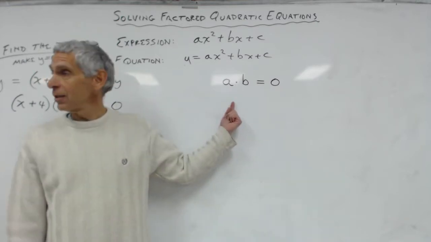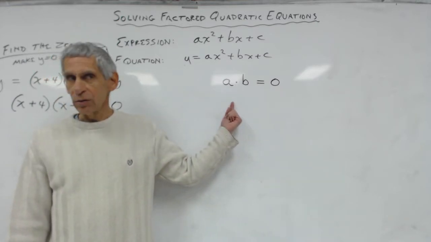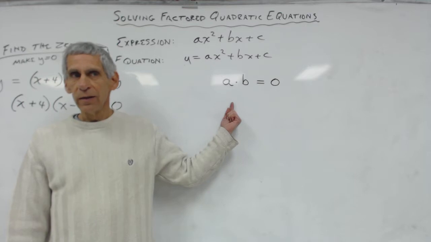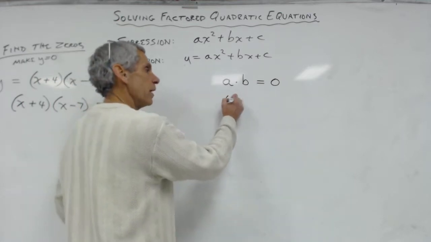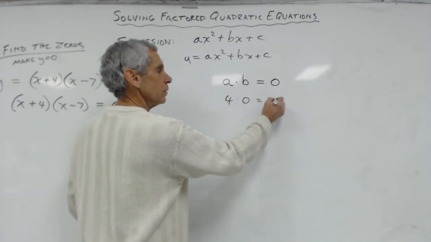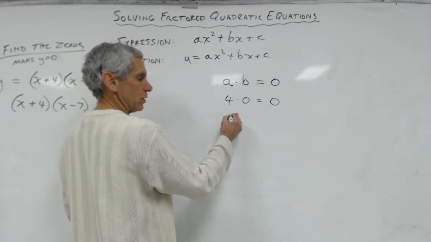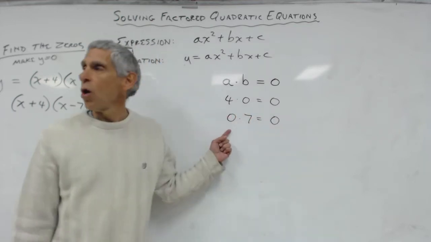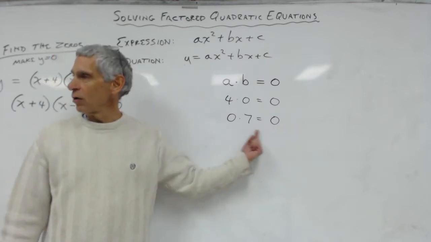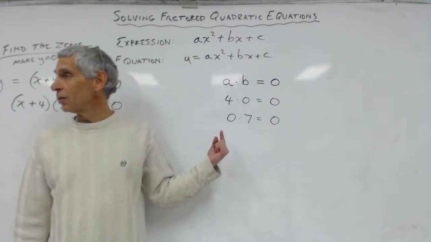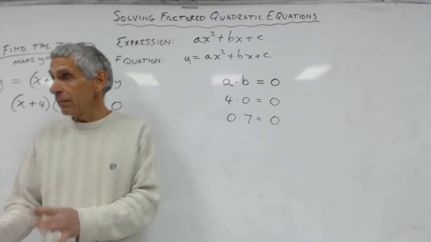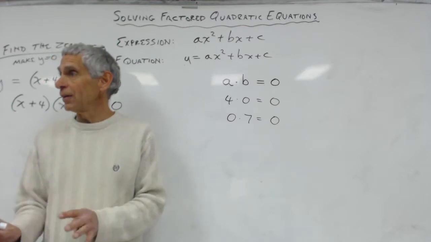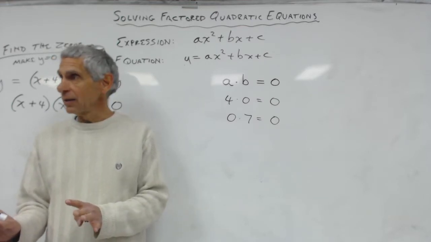One of them has to be 0, right? 4 times 0 would be 0. Or 0 times 7 is equal to 0, right? The only way I'm going to get a 0 by multiplying these is if one of these has to be 0. Or both, maybe both of them. But one of them definitely has to be. You get that?